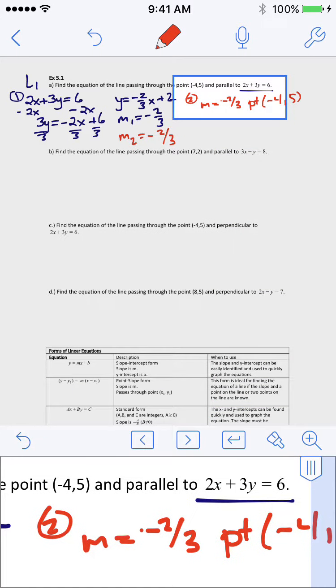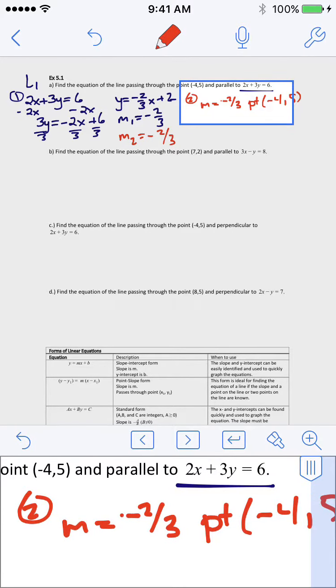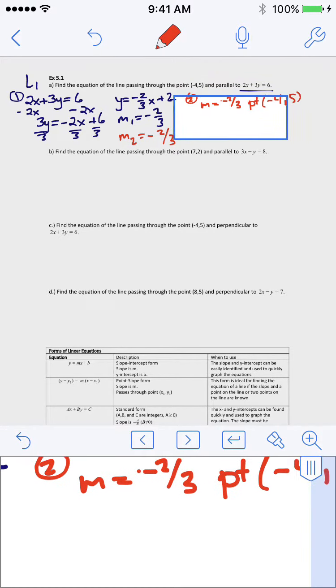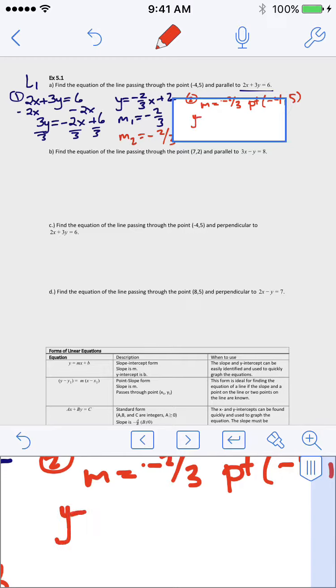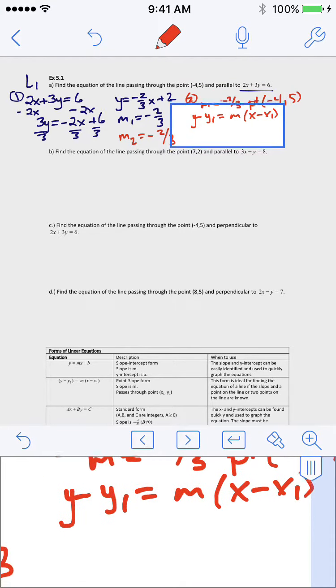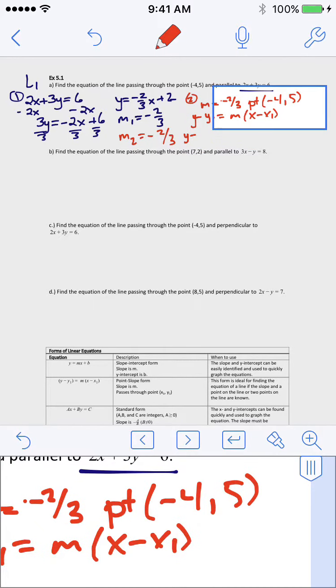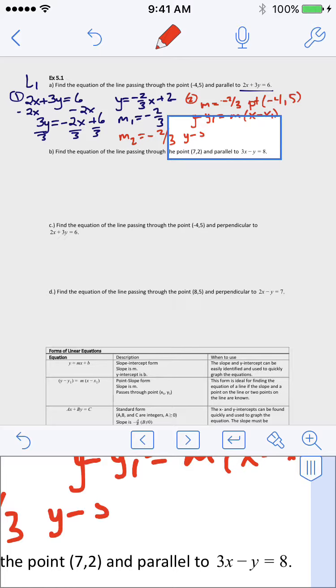Once you find that slope and you're given a point, you can find it either through point-slope form or through slope-intercept form. I'm going to do point-slope form. So y minus y1 is equal to m times x minus x1. I'll plug in my slope and my point. So I've got y minus 5, since my y in the point was 5.